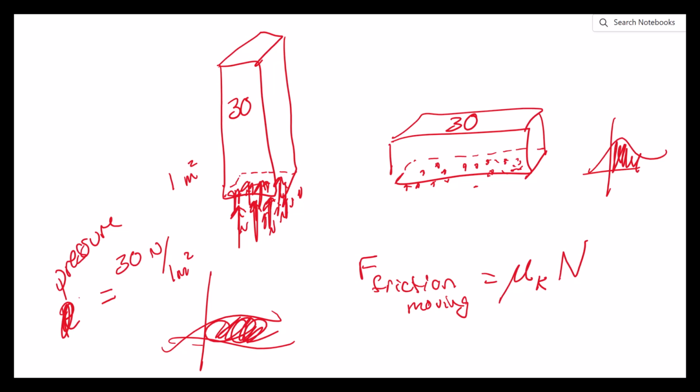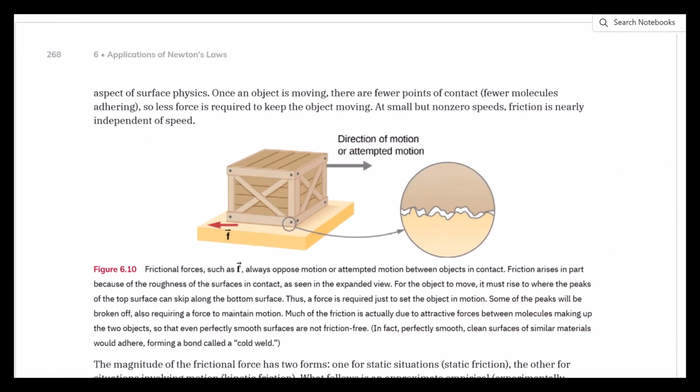You can believe me because of calculus, or because I said so, but you can try it as well. Changing the orientation isn't going to change the friction, even though you feel like it has more contact so it has more friction, except that those normal forces are smaller. So anyway, it's interesting.